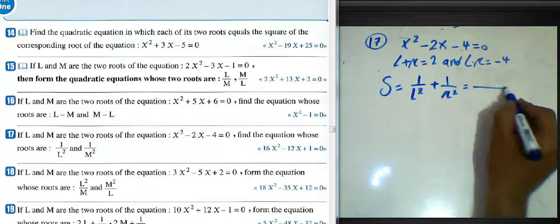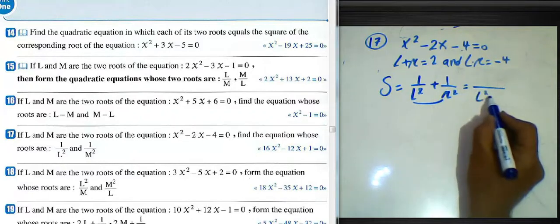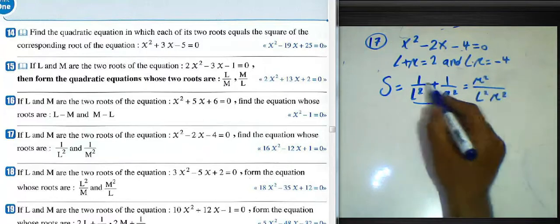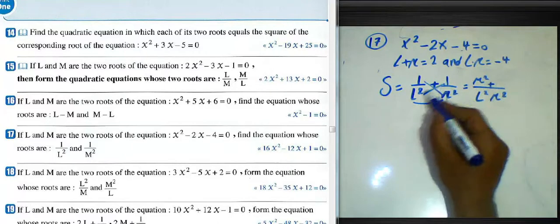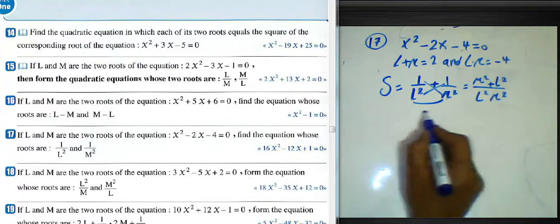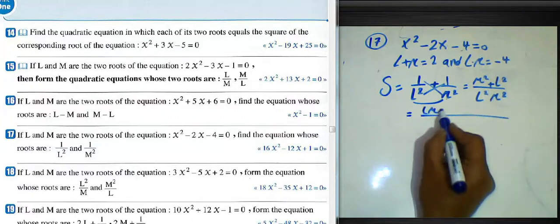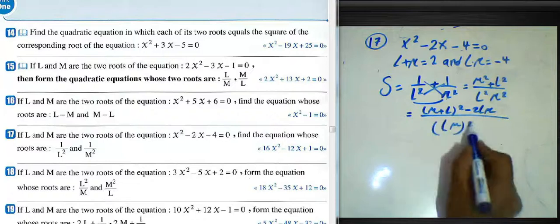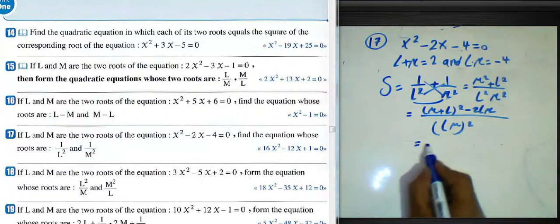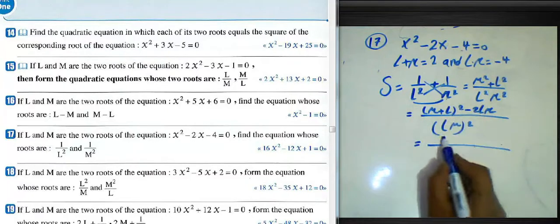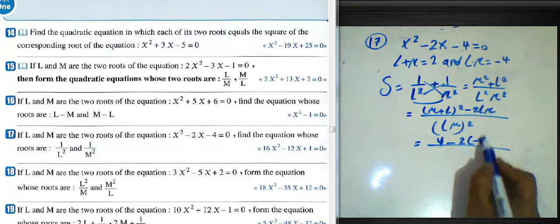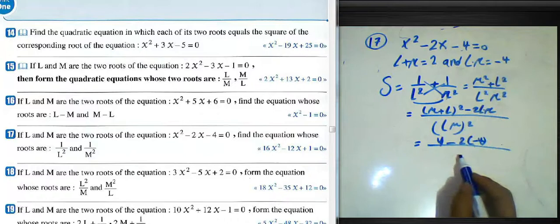We can sum it by multiplying: M power 2 plus L power 2 over L power 2 times M power 2. We can simplify it: L plus M to power 2 minus 2LM over L multiply M to power 2, equal 2 to power 2 equal 4, minus 2 multiply negative 4 because L multiply M equal negative 4, over negative 4 to power 2.